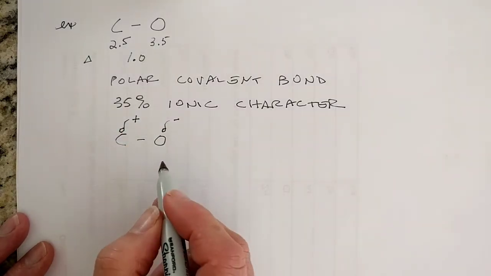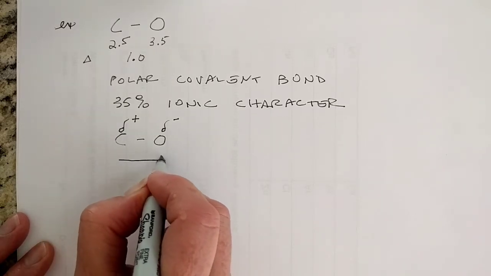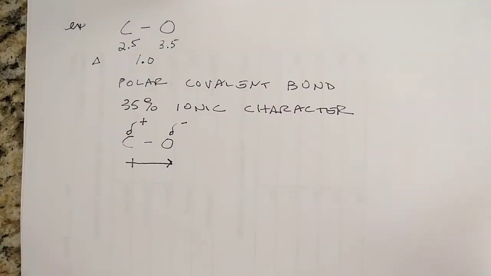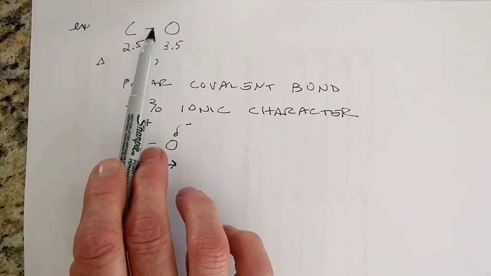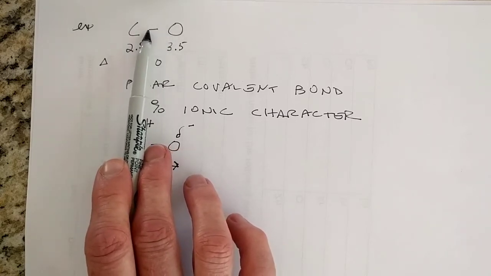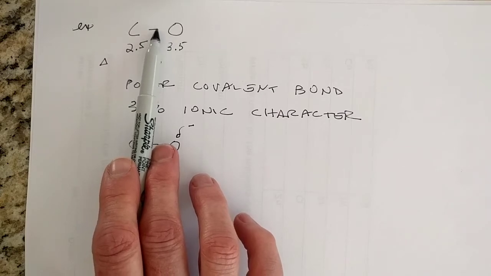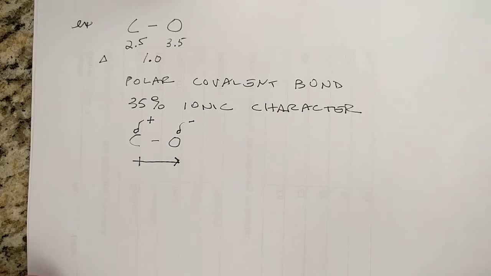And then to show the dipole of this bond, we go from the positive to the negative, and it looks like that. So that is a polar covalent bond. These electrons between the two atoms are not being shared equally. In a tug of war, oxygen is stronger than carbon and is pulling those electrons towards itself and ending up a little more negative than it would be if it was by itself.